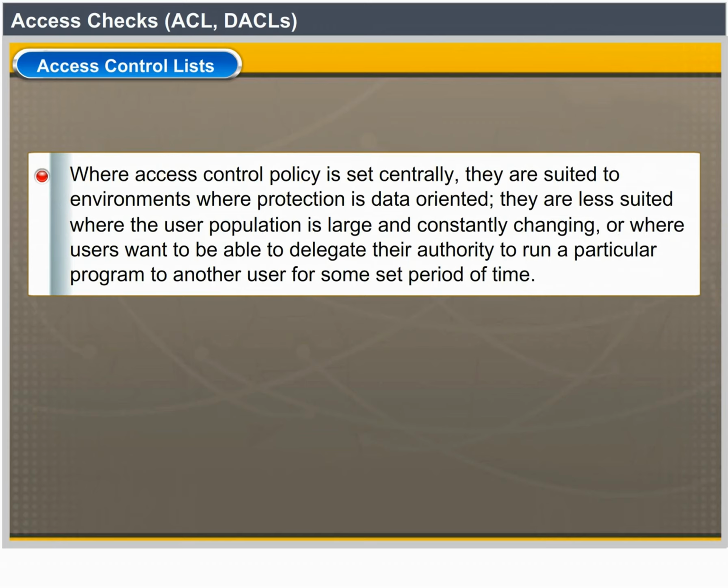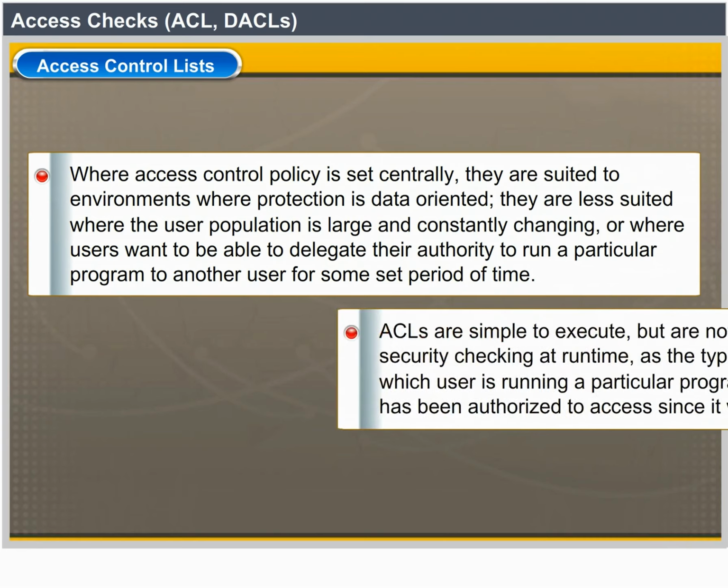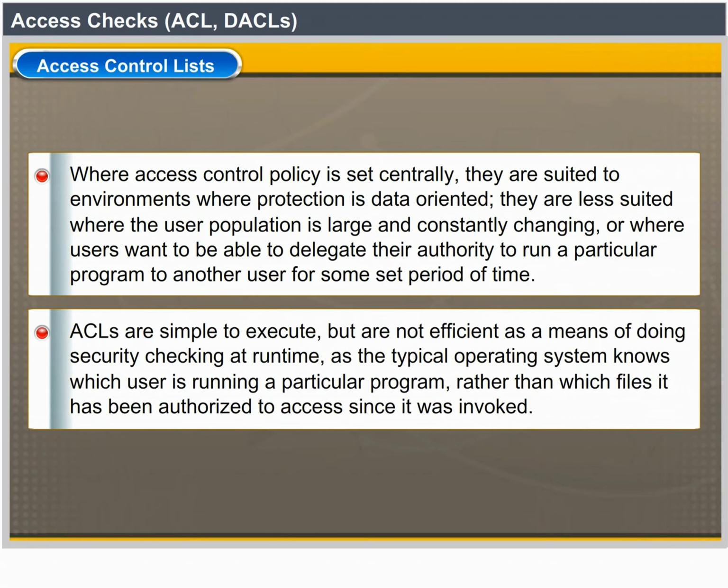They are less suited where the user population is large and constantly changing, or where users want to be able to delegate their authority to run a particular program to another user for some set period of time. ACLs are simple to implement but are not efficient as a means of doing security checking at runtime, as the typical operating system knows which user is running a particular program rather than which files it has been authorized to access since it was invoked.